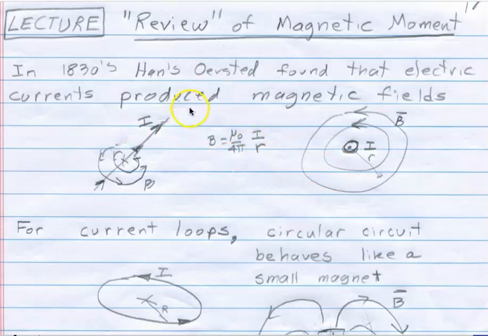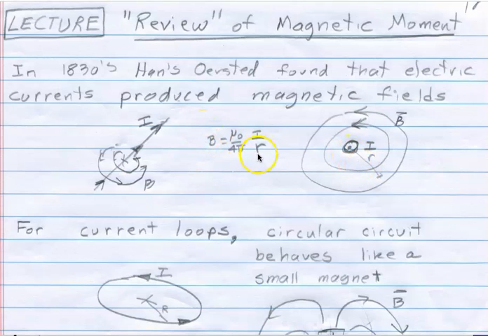If I look down into the wire, the current is coming right out of the page at me. I'll indicate that with a circle with a dot here. That's the wire, and the dot is the pointy arrow of the direction the current's going. Then the magnetic field circles about the wire in this fashion.